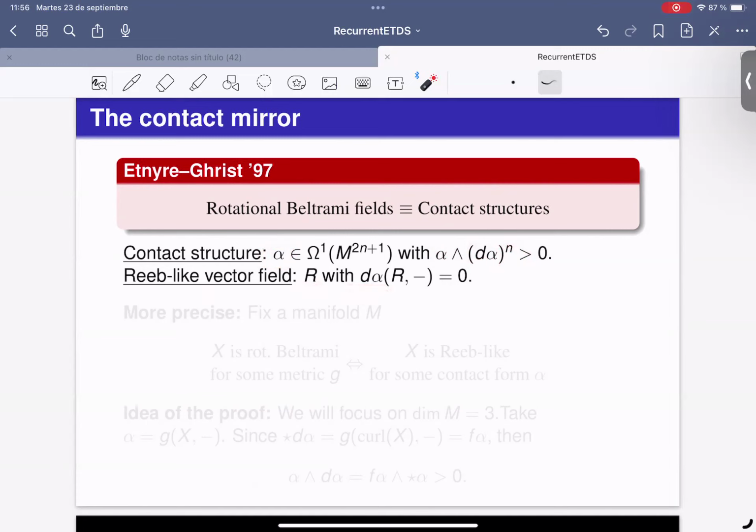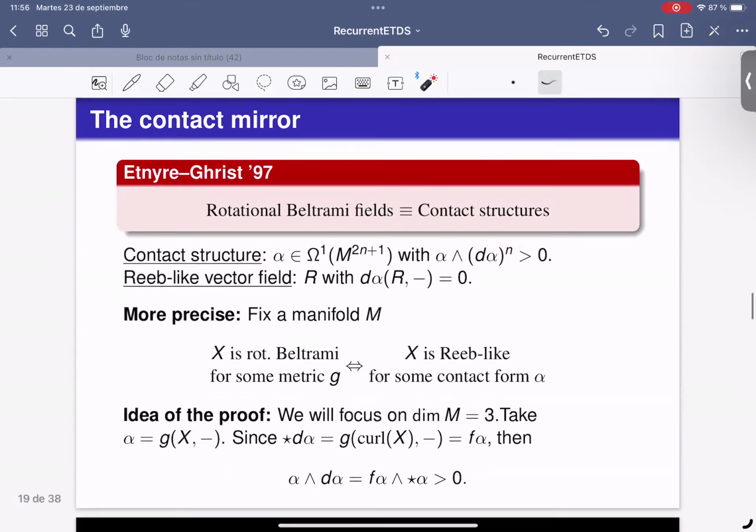So they are vector fields that are transverse. Alpha defines a plane distribution as its kernel, and R is transverse to this distribution.